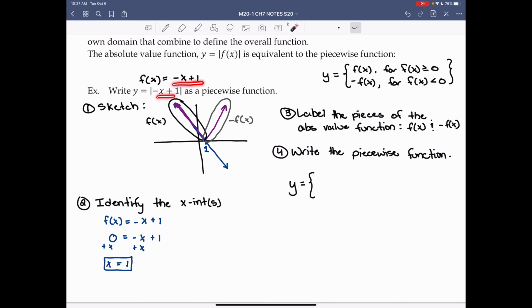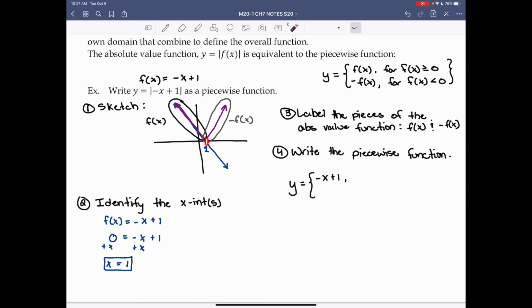It's just whatever's inside your absolute value symbols, that's your f of x. So I have negative x plus 1. When is this function greater than or equal to 0? It's greater than or equal to 0 over here, which is when x is less than or equal to 1. Okay, so it's always going to be defined based on our x-intercepts.